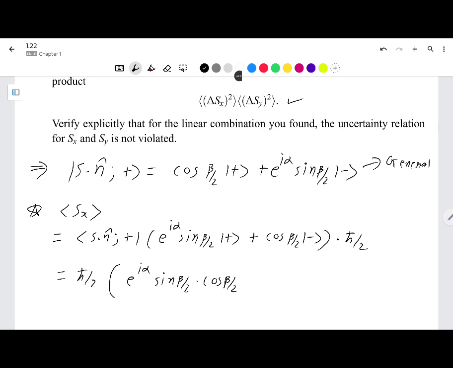This minus state will also multiply and give me this. Now it will be e power minus i alpha.